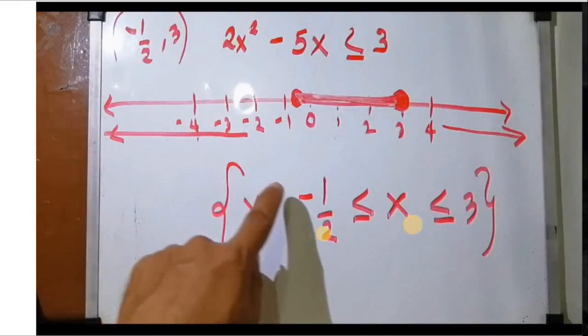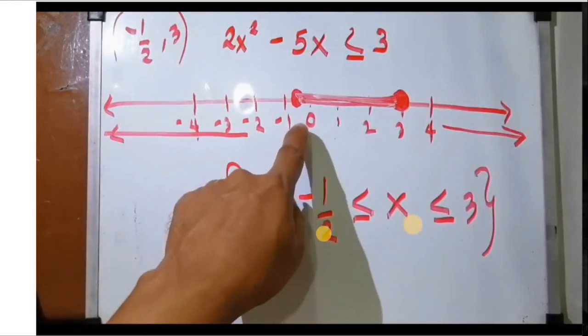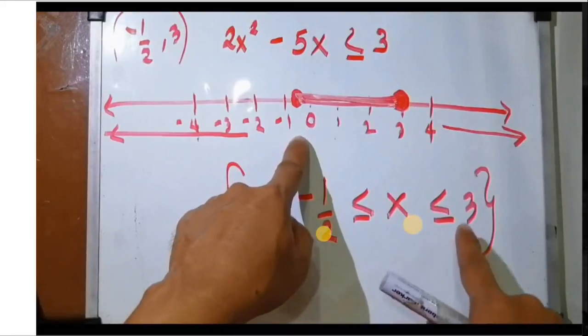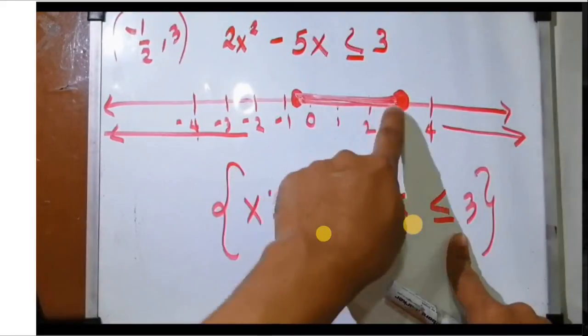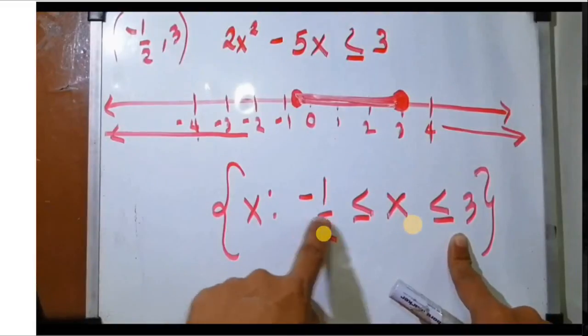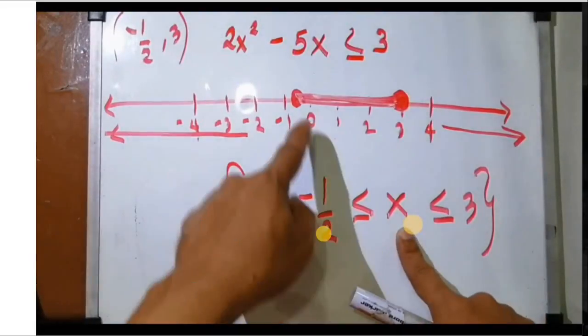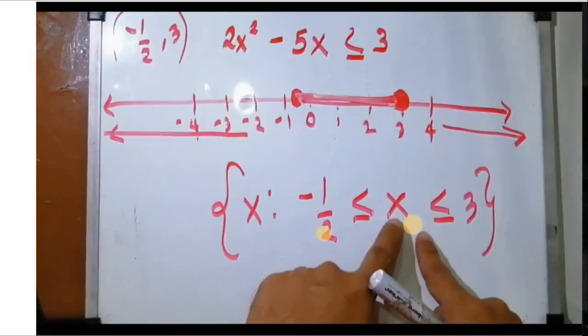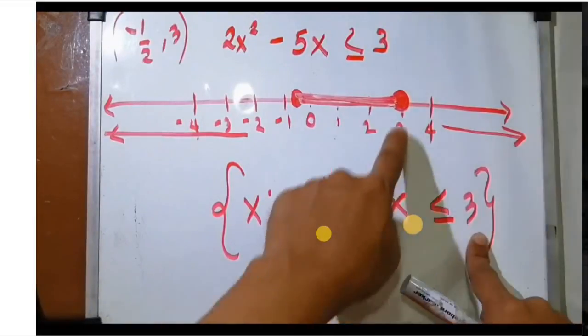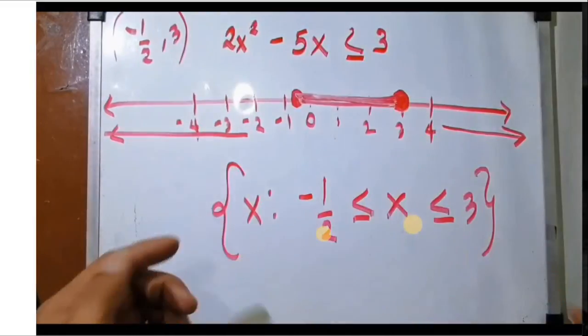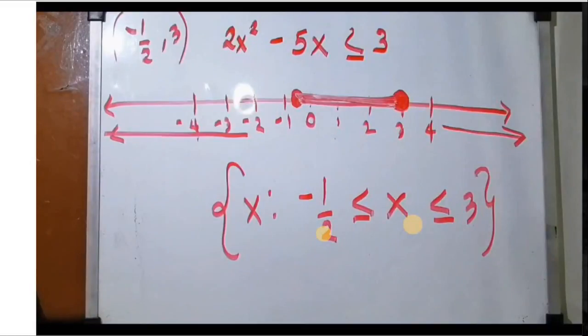Saan si negative 1/2? Si negative 1/2 daw ay less than kay x, si x is less than or equal kay positive 3. So, ibig sabihin niyan, si negative 1/2 less than kay x, dito si negative 1/2, si x less than or equal kay positive 3. So, ibig sabihin niyan yung region na yan, yung ating solution.